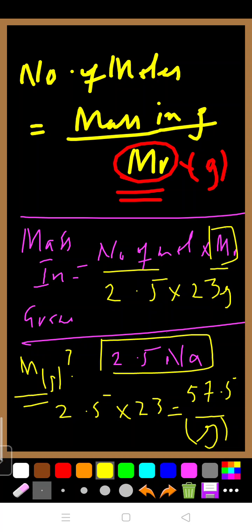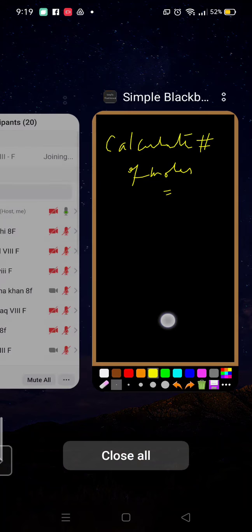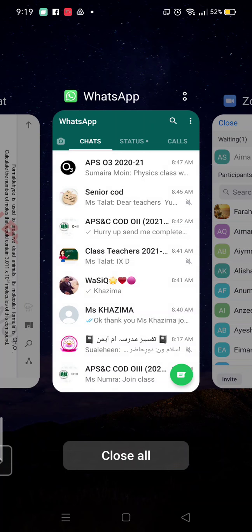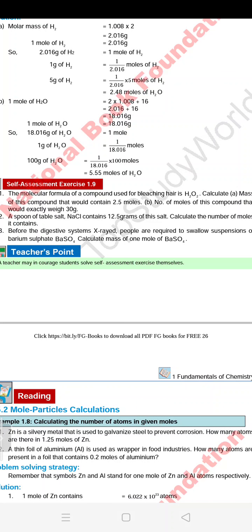चलिए मैं एक और क्वेश्चन दे रही हूँ. Let us open the book. रुक जाओ, हम बुक से देखते हैं बुक में क्या एक्सरसाइज है. So hydrogen peroxide, molecular formula is H2O2.